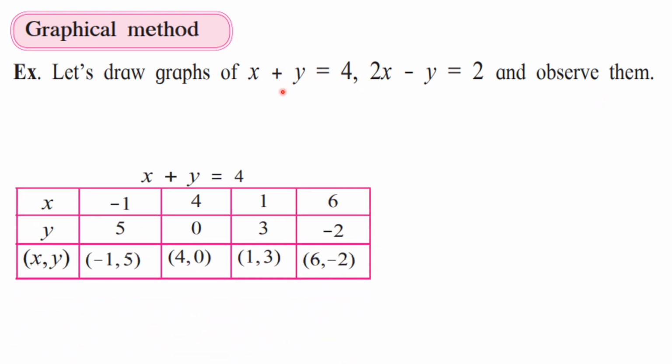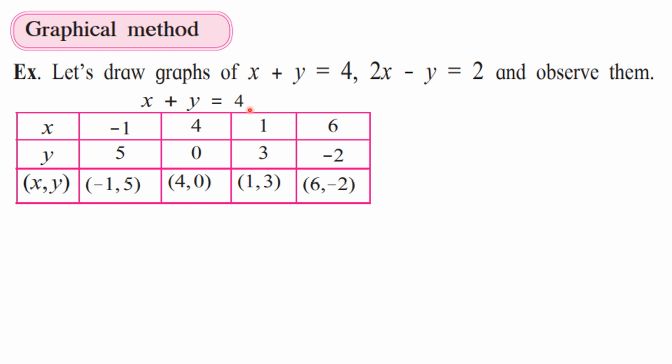First of all, we will take the first equation, and for that we will take four ordered pairs of x and y. Here it is compulsory to take at least three pairs. At least three. In the textbook they have told that you take four pairs. But if you are taking only two pairs, it will not do.